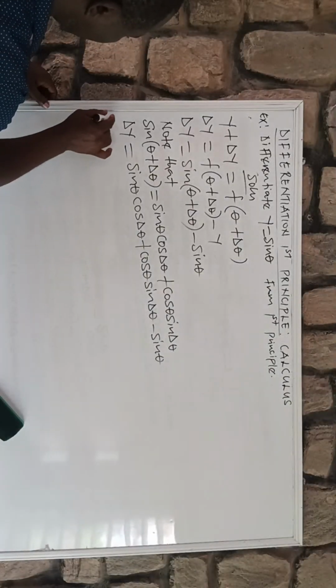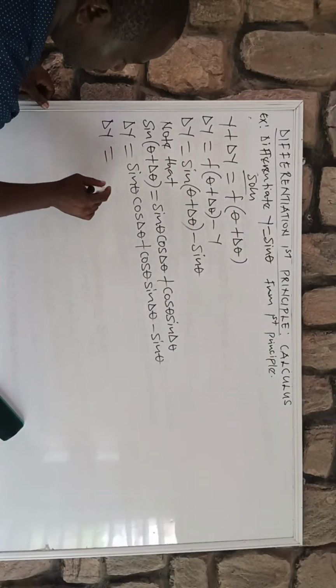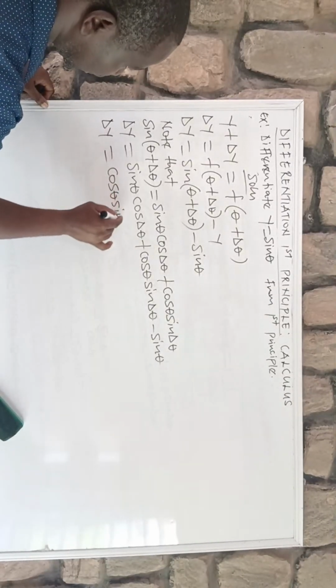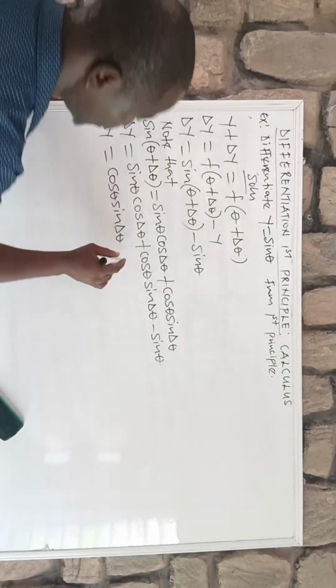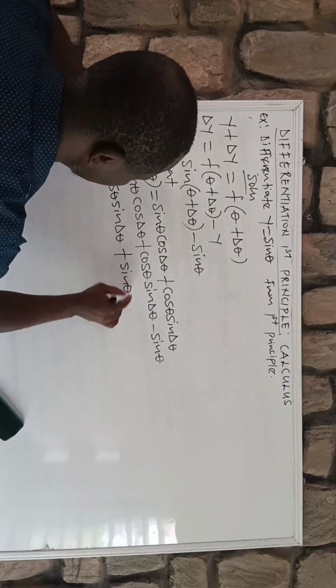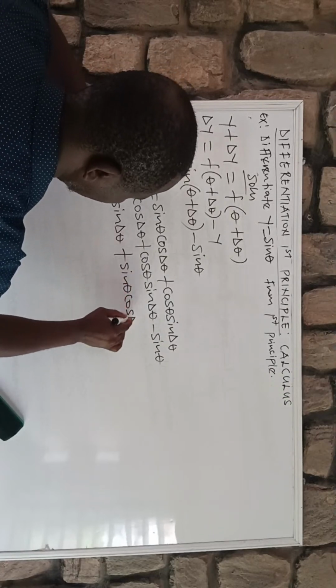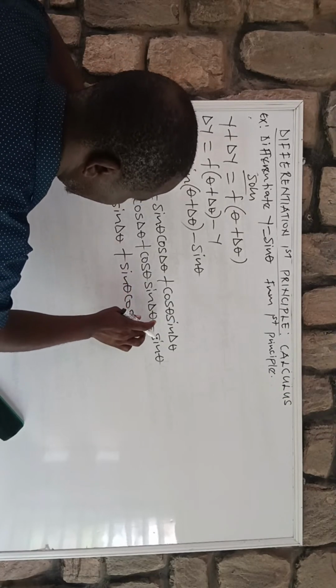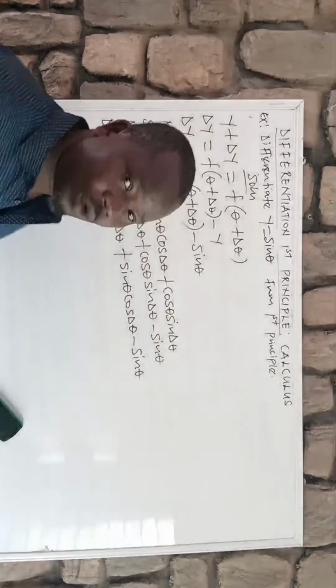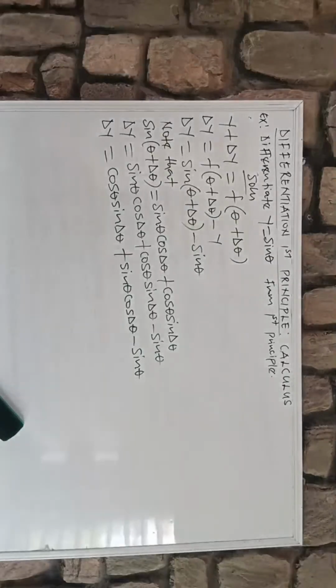When we collect like terms, here will be cos theta sine the theta, then plus sine theta cos the theta minus sine theta. True or false? Look at the board. It's true, right?